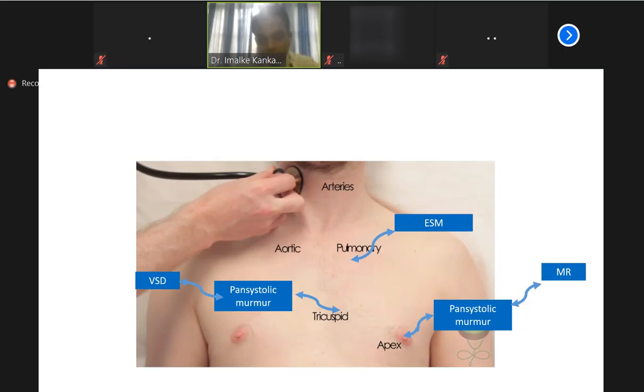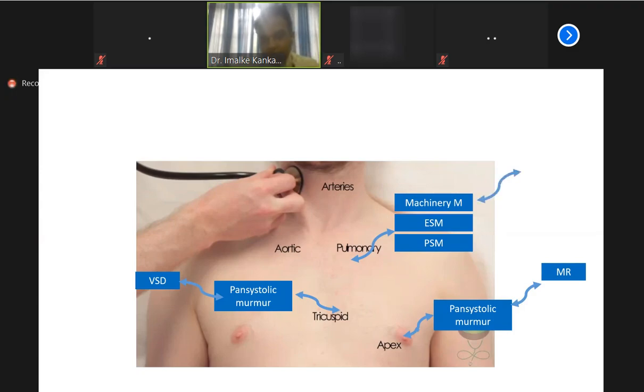If you hear a murmur on the pulmonary area, that will be an ejection systolic murmur most of the time, or machinery murmur, or very rarely you can hear a pansystolic murmur towards the lower end of the pulmonary area. I'll tell you the differential diagnosis.